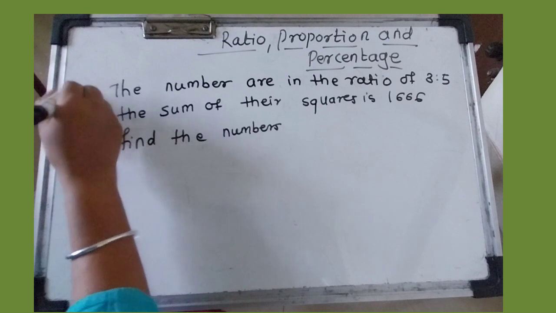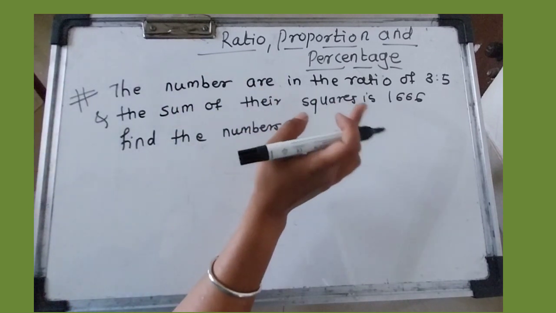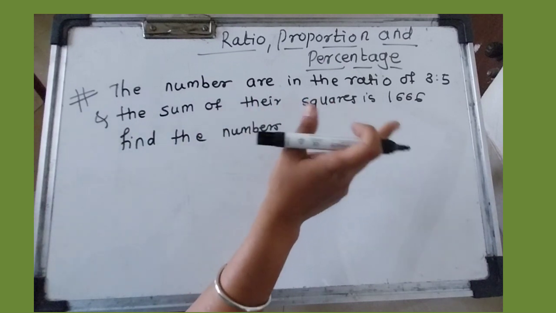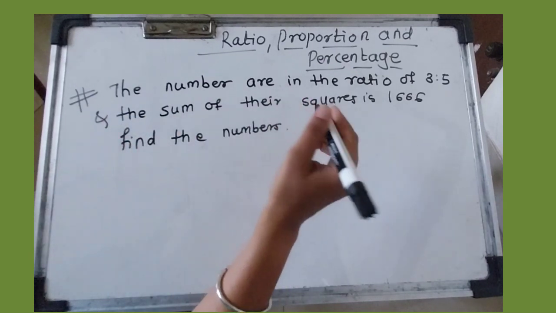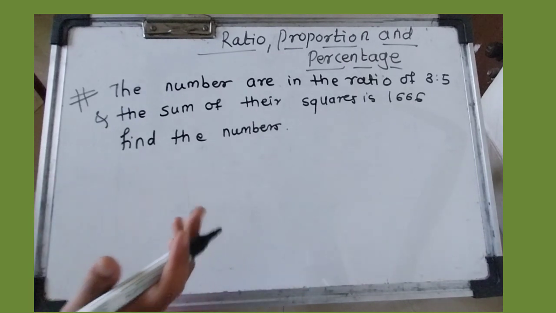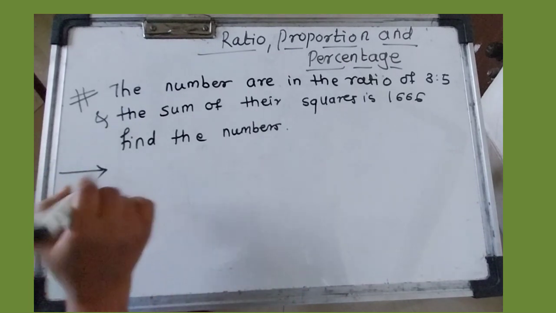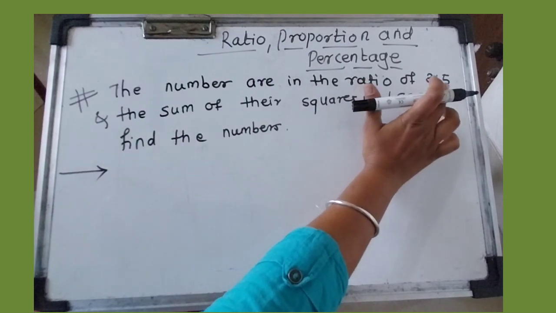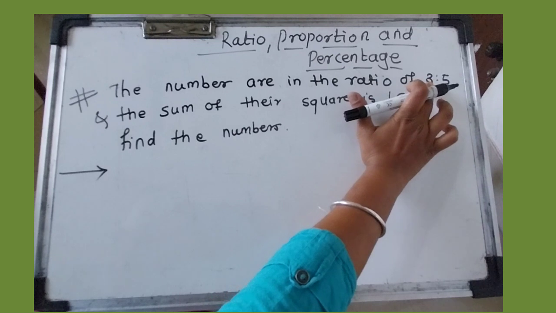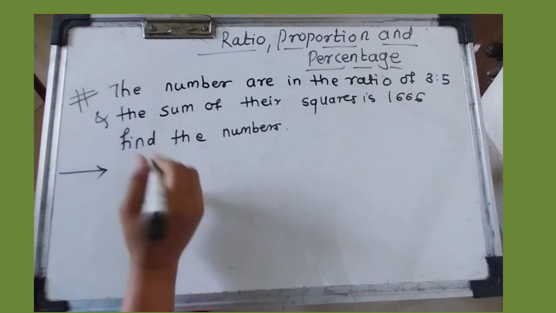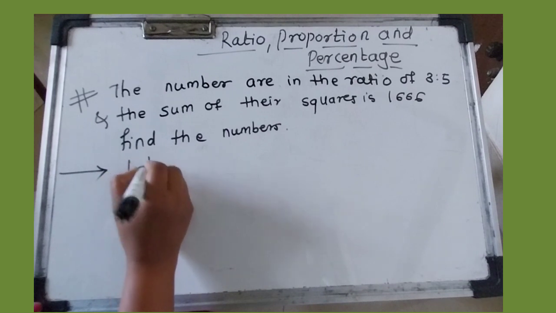See the next question. The numbers are in the ratio of 3:5 and the sum of their squares is 1,666. Find the numbers. Many times asked in exam, such type of questions. It is very simple. What is our trick? What they given, ratio. Consider it as an answer, just multiply it by x.